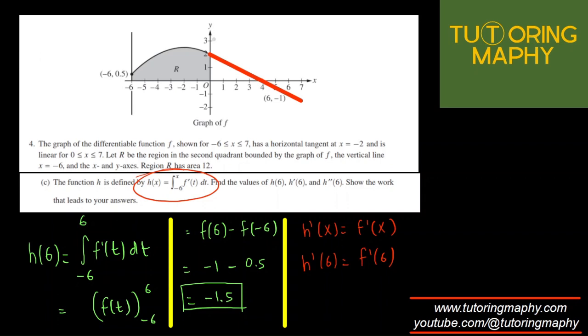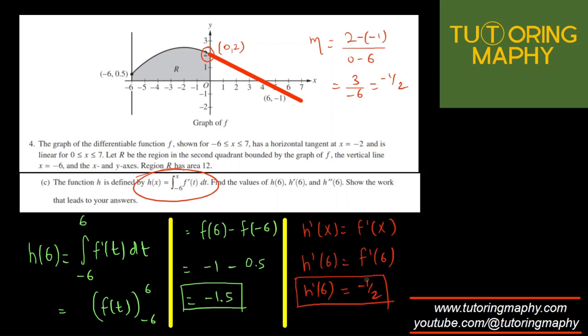A little bit of SAT coming in. At this point we can clearly see its x coordinate is 0 and y coordinate is 2. So between these 2 points, the slope is y2 minus y1 over x2 minus x1. That's going to be 3 over -6, which is obviously -1/2. So that is the answer over here. It's -1/2. Perfect. This should be our answer for h prime.